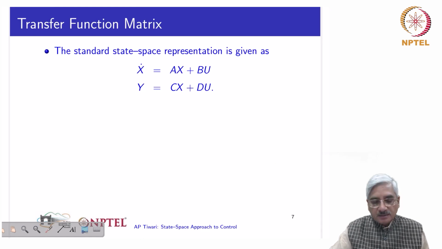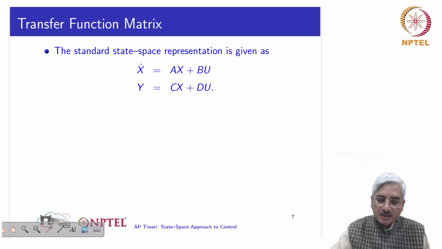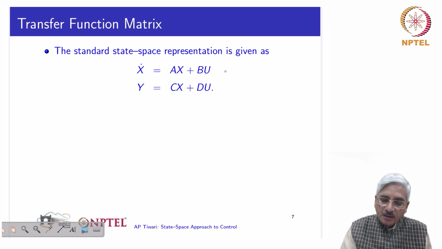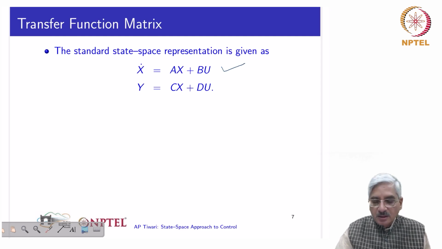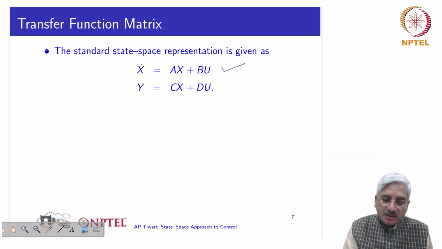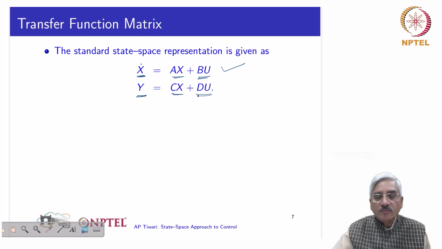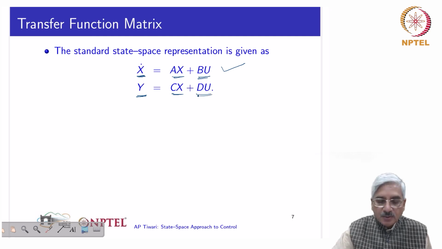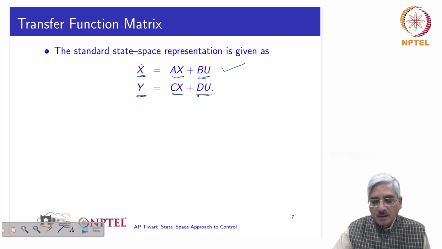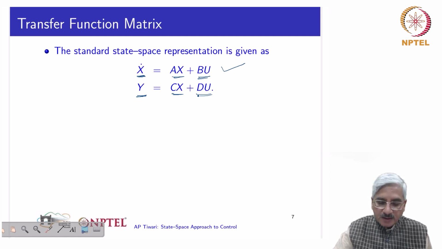We know that the standard state space model representation of a dynamical system is given in this form. This is called the state equation. On the left hand side we have the derivative of the state vector x. So x dot equals Ax plus Bu, and the outputs are given by y equals Cx plus Du. In this, x is the state vector, u is the input vector and y is the output vector.